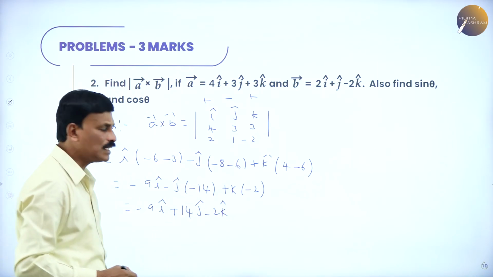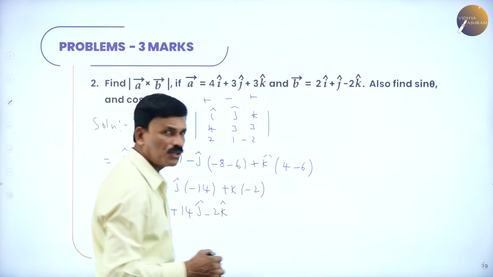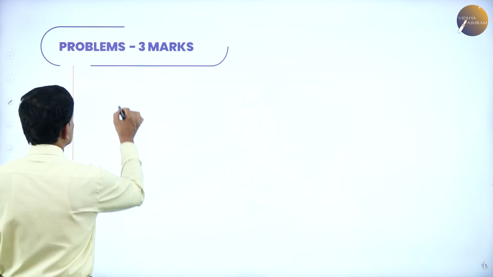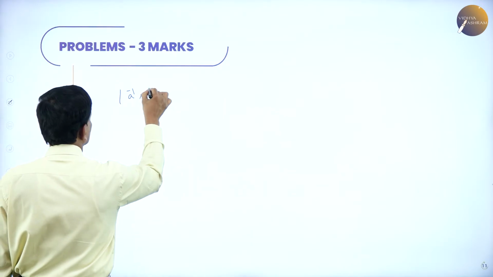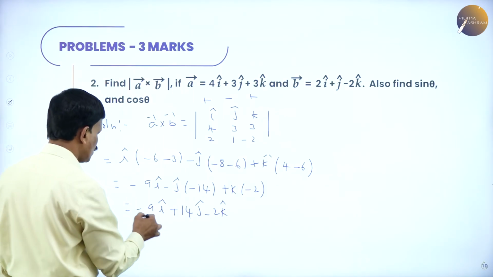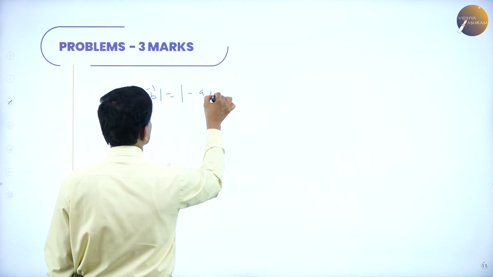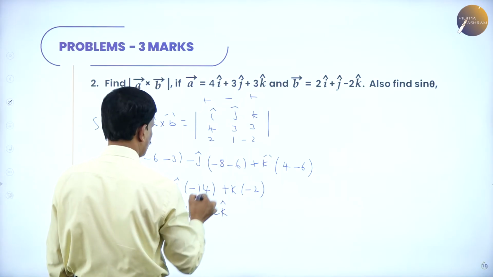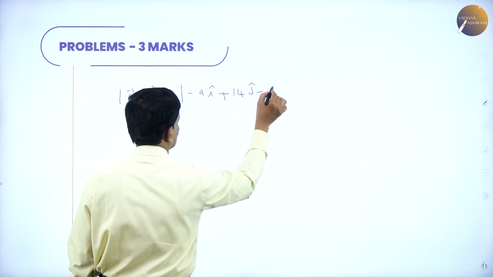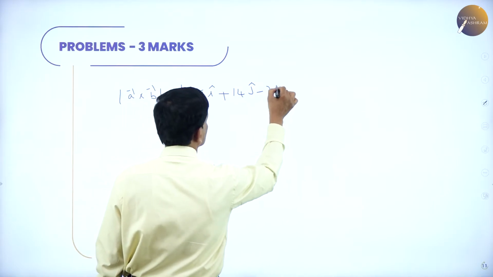Now find out the magnitude of this vector. So I will go to the next page. The length of a cross b is equal to the magnitude of minus 9i cap plus 14j cap minus 2k cap.